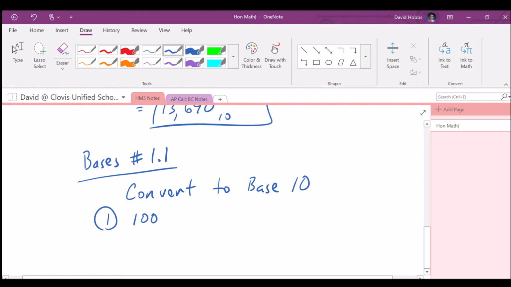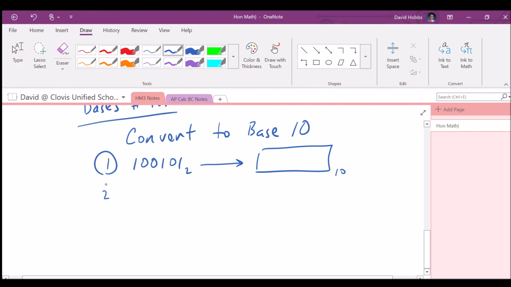Okay, so problem number 1: 1, 0, 0, 1, 0, 1. This is base 2. Convert it to base 10. Number 2: 3, 2, 4, 1, base 5. Convert that to base 10.